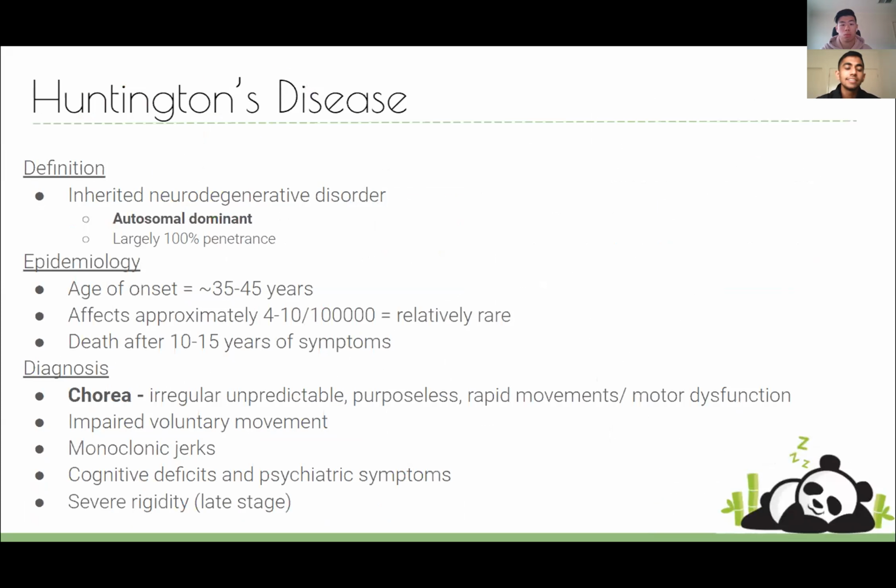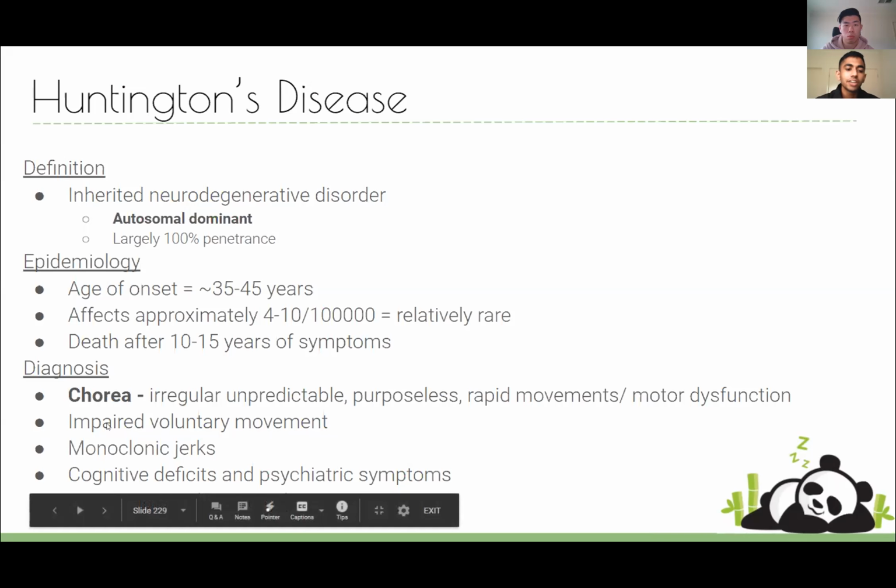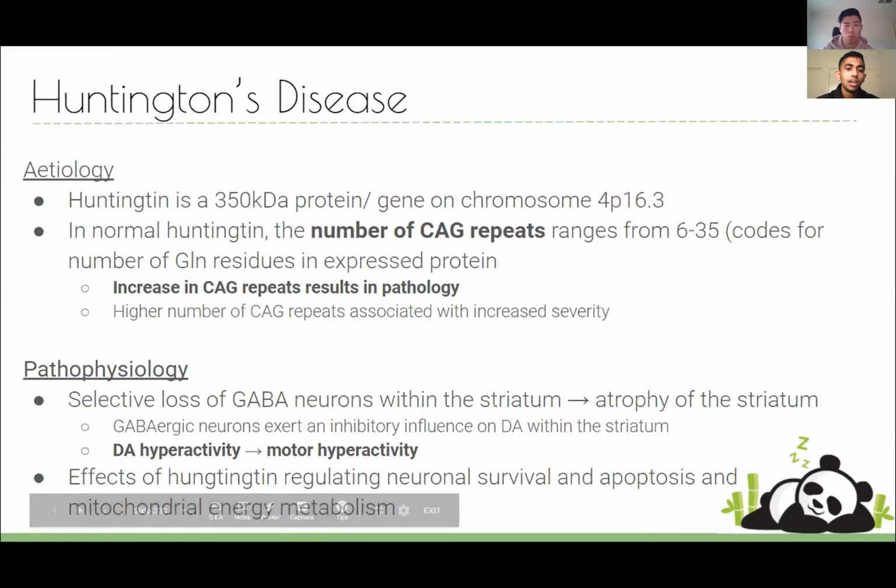All right, so Huntington's disease. Kevin has already talked about it, but it's an autosomal genetic disease. There's no real cure for it. It's characterized by chorea, so there are unpredictable movements, and people usually die from it. It's caused by an increase in CAG repeats, which is the main kind of pathology.